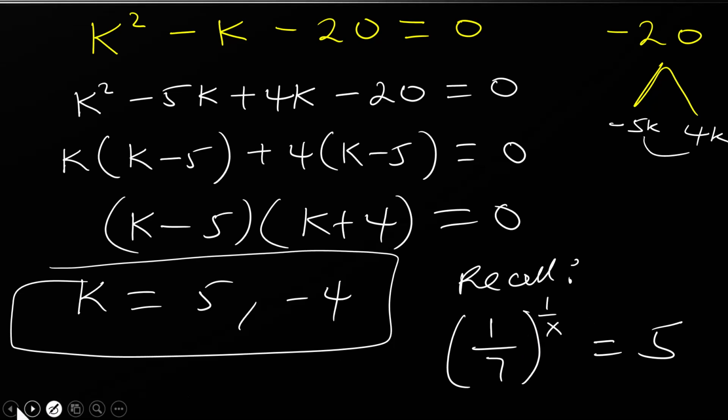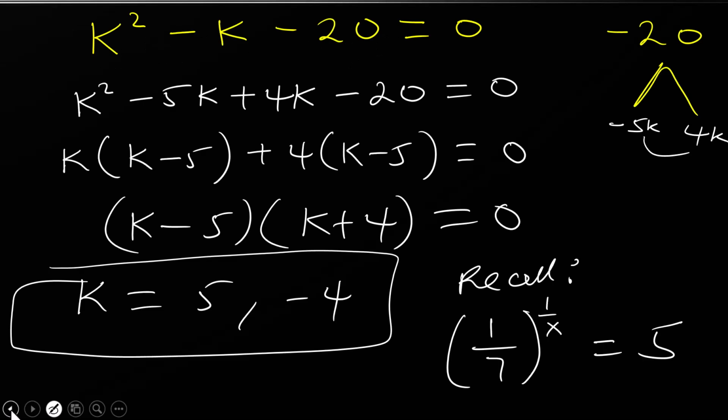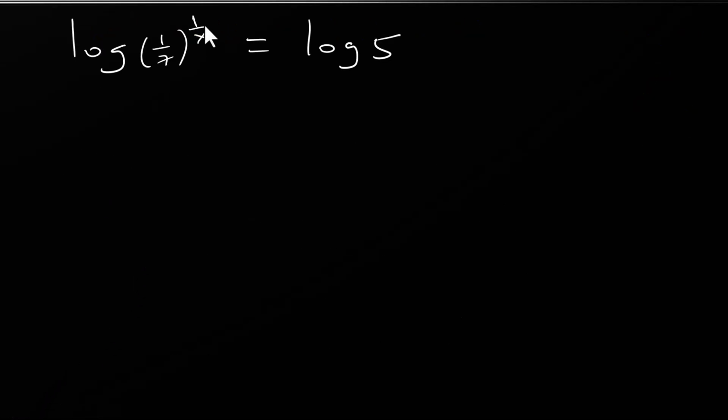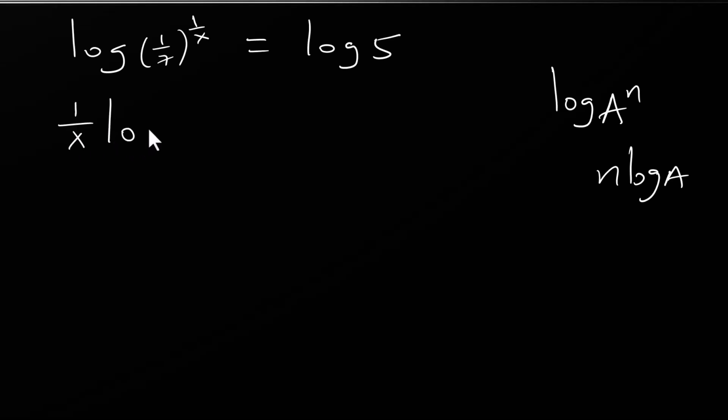Let's take log on both sides since we want this one to come down. So we have log of 1/7 raised to 1 on x equals to log 5. When we have log a to the power n, it is the same as n log a. This is the power rule. So 1/x log 1/7 equals to log 5.